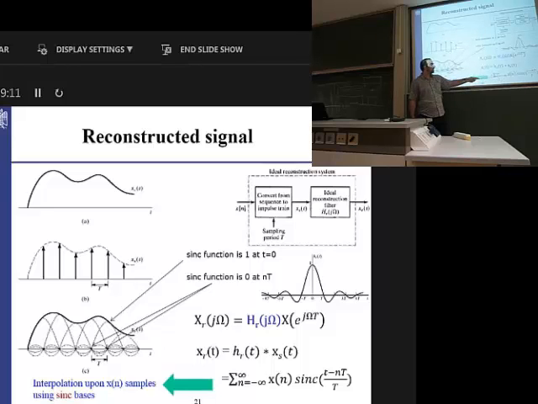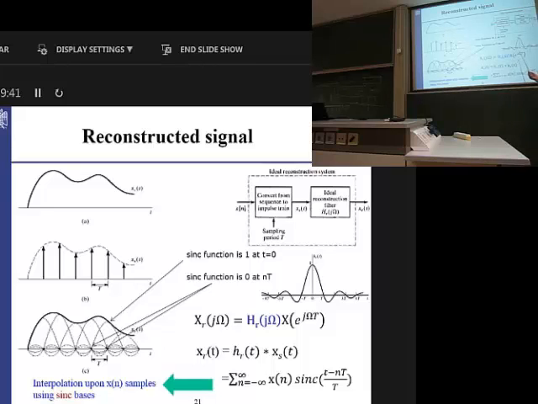So the samples of x[n] are the coefficients for the sinc functions, which are shifted. So the sinc functions which are scaled with x[n] and shifted can reconstruct the signal back again in the analog signal.